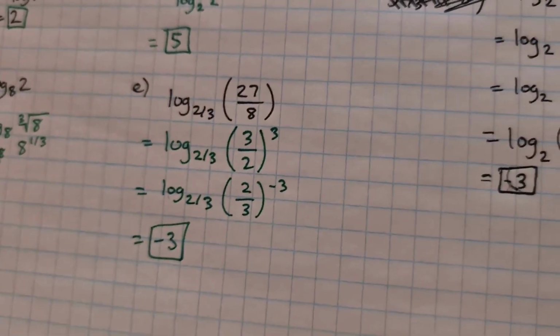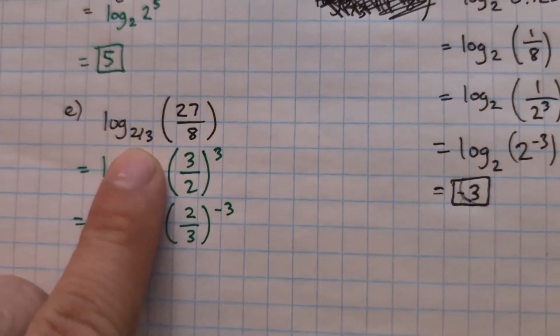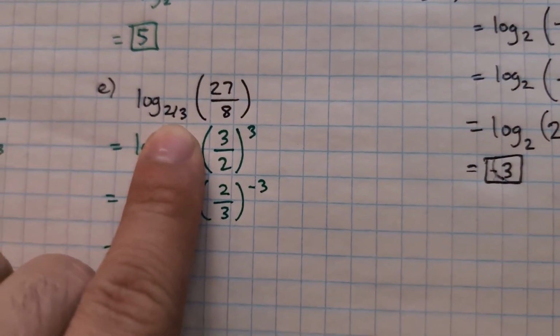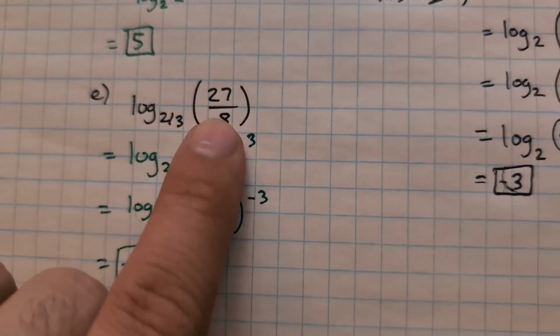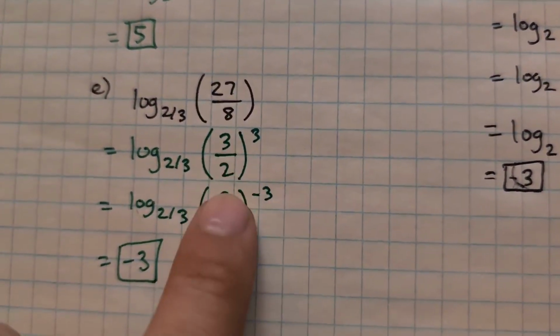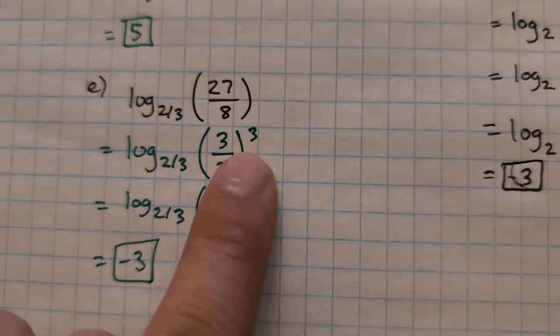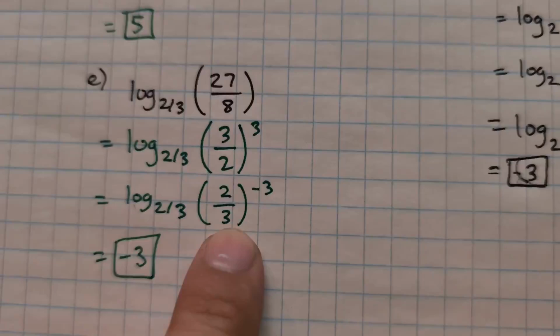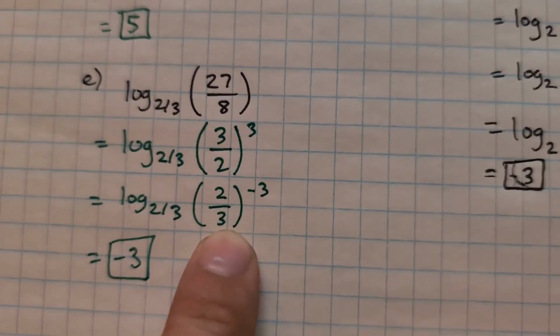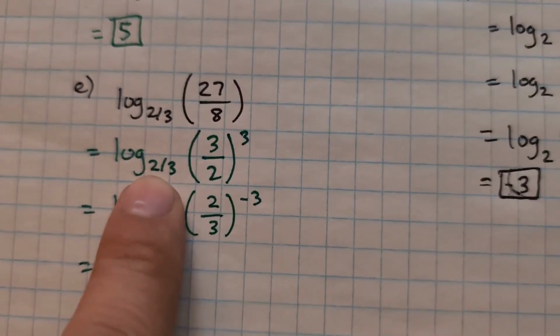Now this one as well, we have a fraction in the base of the logarithm, 27/8. We can turn that into 3/2 cubed. And so we want to get that same base here.